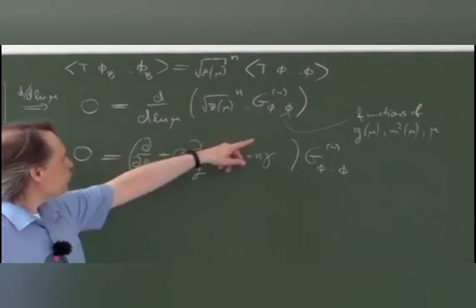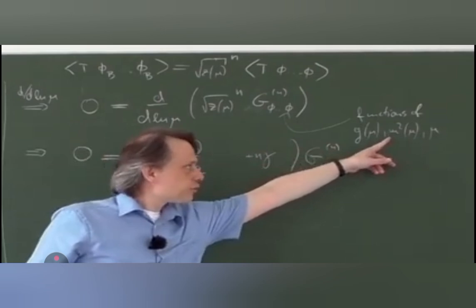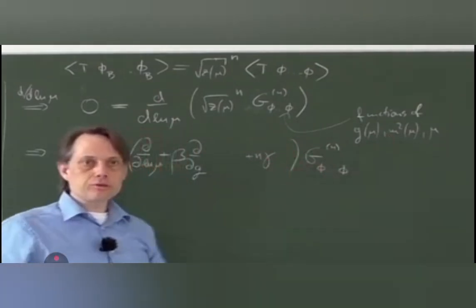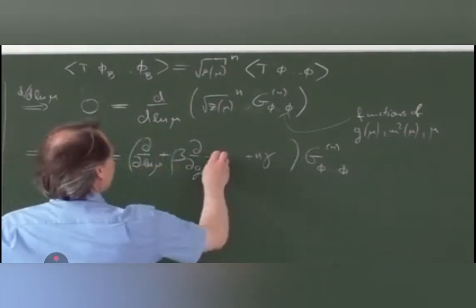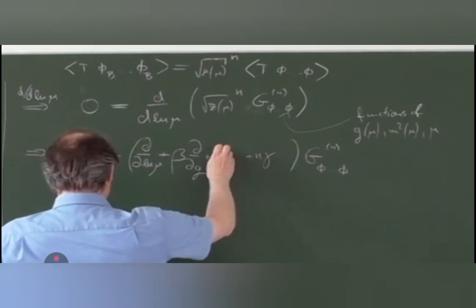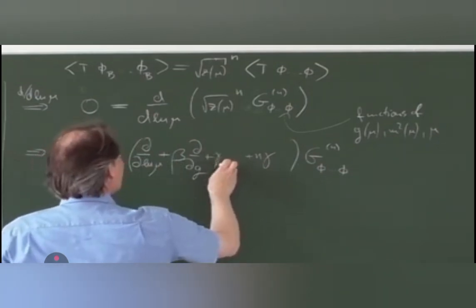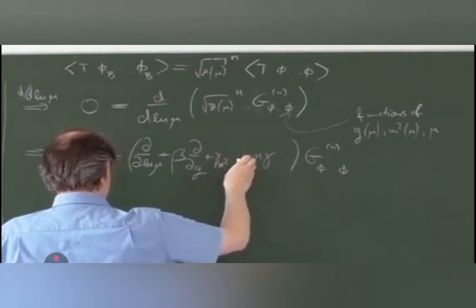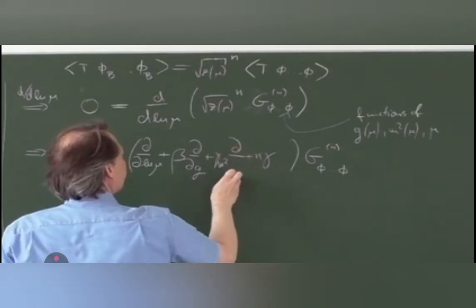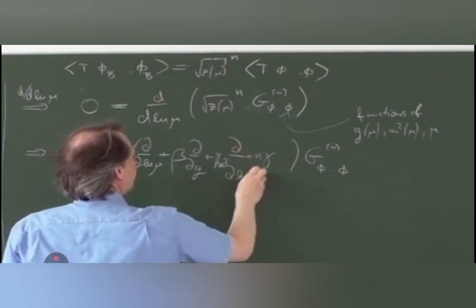Then we get a derivative of the green function with respect to the mass times the inner derivative, and that gives the anomalous dimension of the mass. So plus, let's check the sign, gamma of m square times the partial derivative with respect to ln m square. And that is the result.